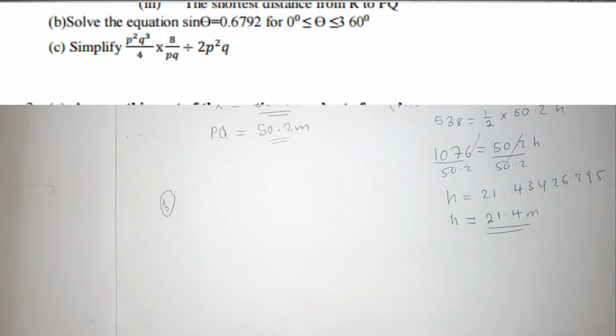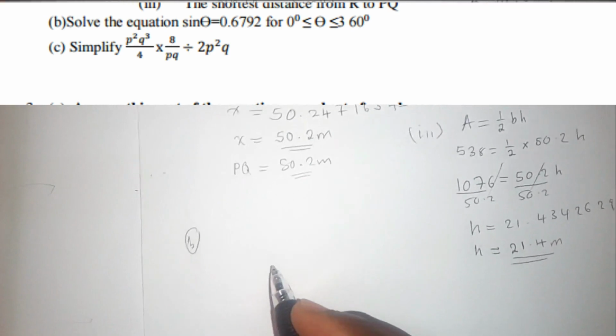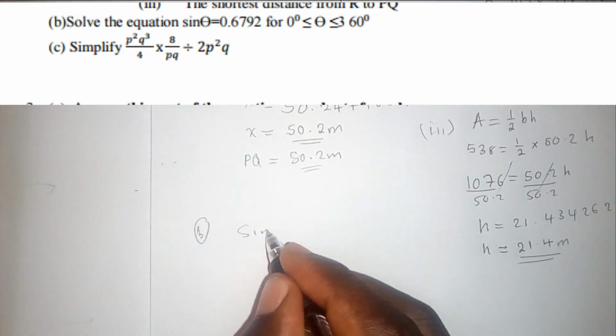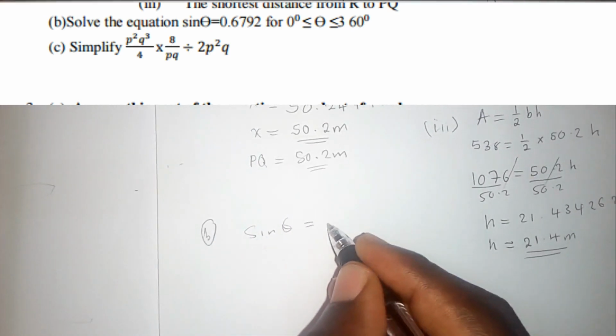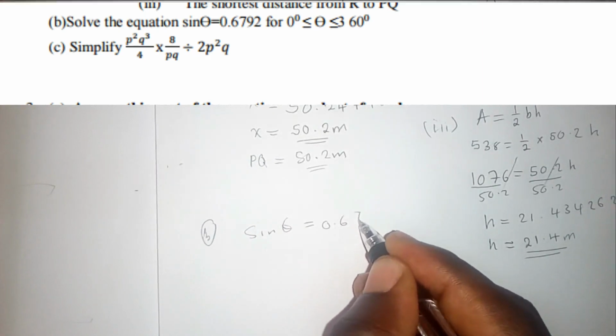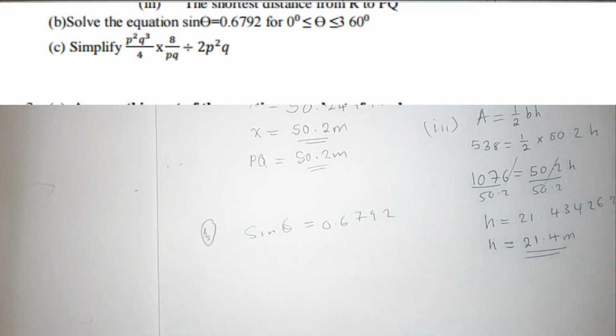For question B, they are saying solve the equation sine theta is equal to 0.6792.